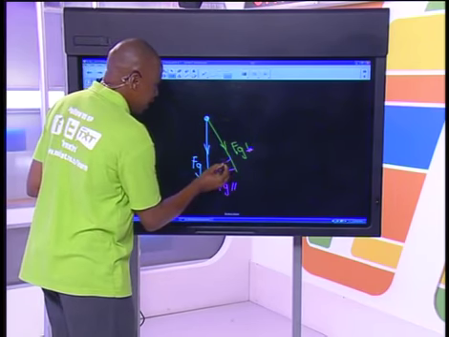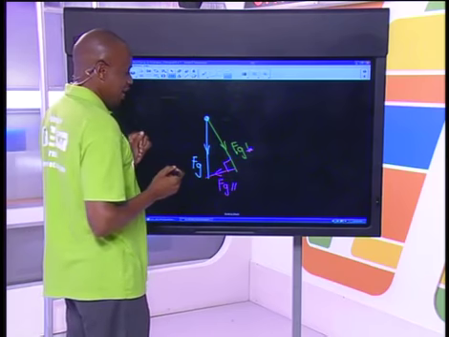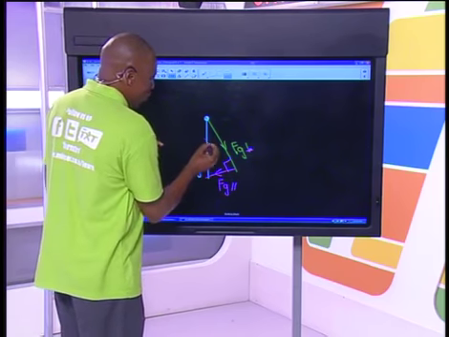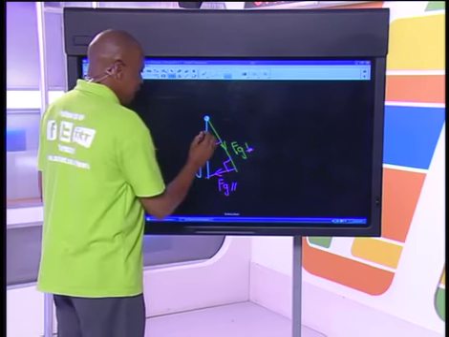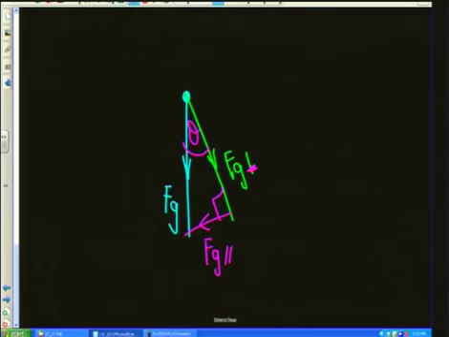Now, you would understand that there you have got a 90-degree angle. The angle of the plane is always there. Say that angle is theta. Let's just look at the triangle. If I want to find the sine of the angle theta, it is always the opposite over the hypotenuse.